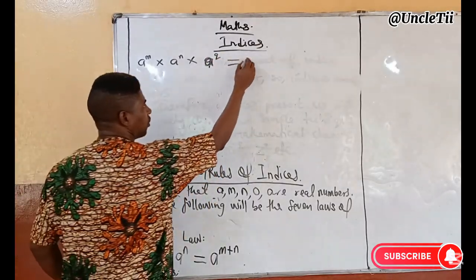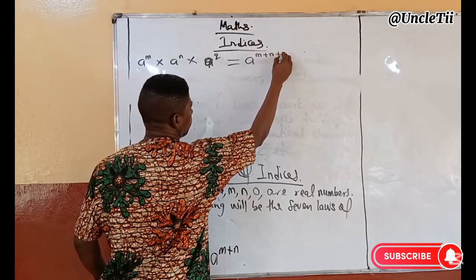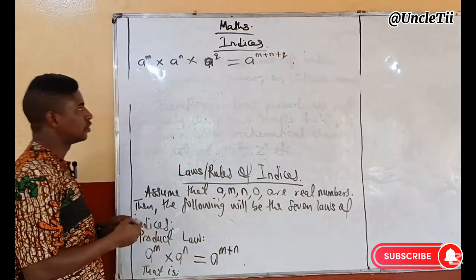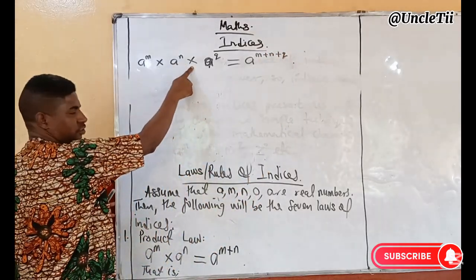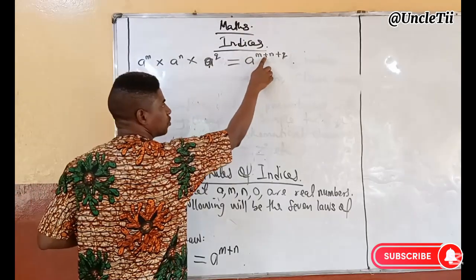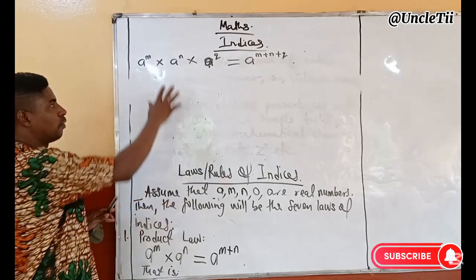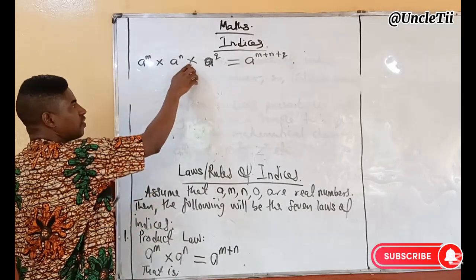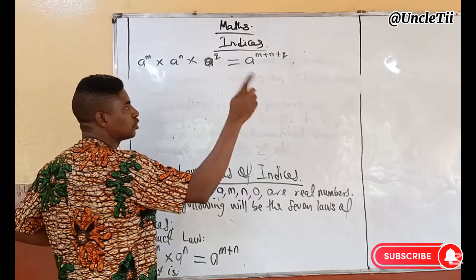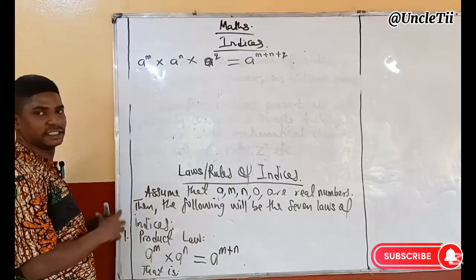Certainly that will give us a^(m+n+q). So the multiplication of the bases translates to addition of the indices. So when the expression involves multiplication, all you need to do to get your answer is to add the indices.